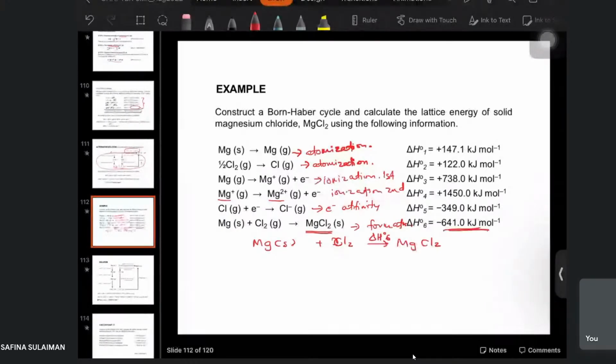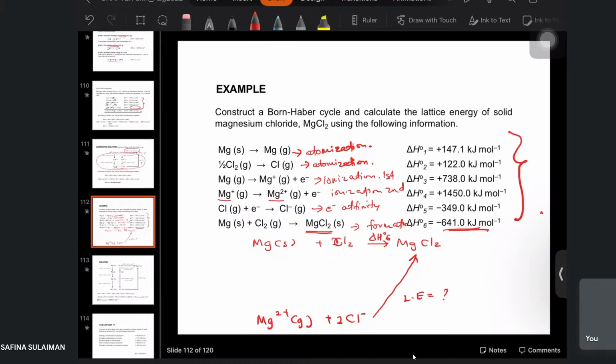Okay, kemudian yang kat bawah awak tuliskan dia punya lattice energy. Okay, lattice energy apa? Mg2 plus gas plus 2 Cl minus, this energy. Yang you nak tak kira berapa. Okay, so you padankan dengan value yang dia bagi.